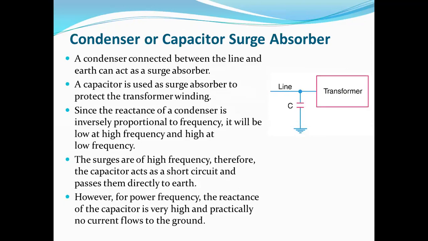In the condenser or capacitor surge absorber, there is one transformer and one line; here we want to protect this transformer, right? And one transmission line is there and one capacitor is there. So this is the condenser or capacitor surge absorber, where the capacitor is used for absorbing that surge energy. If the voltage gets increased, that is absorbed by the capacitor.